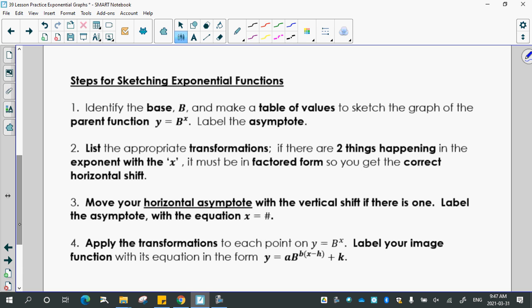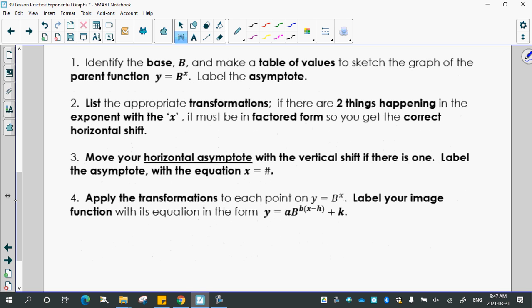So you get the correct horizontal shift. Move your horizontal asymptote with the vertical shift, if there is one. Okay, label the asymptote with the equation that should say y equals the number. Apply the transformations to each point of your parent. Okay, and then label your image function. Right?